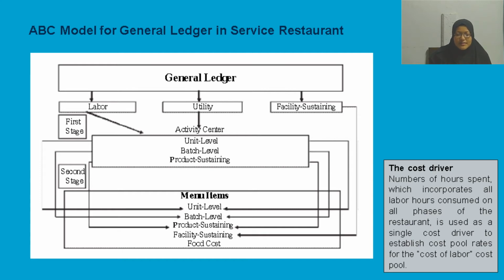In a restaurant, examples of product level activity include establishing and maintaining specifications, recipe testing, and expediting food production. Facility sustaining cost drivers are additions to the menu cost, the category of costs that sustain a company's general process.